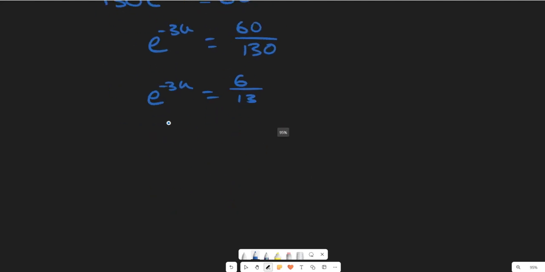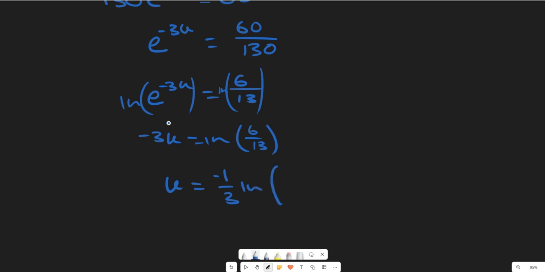And now let's go ahead and take the natural log of both sides. So negative 3k is equal to ln of 6 on 13. Therefore, k is equal to negative 1/3 ln of 6 on 13.